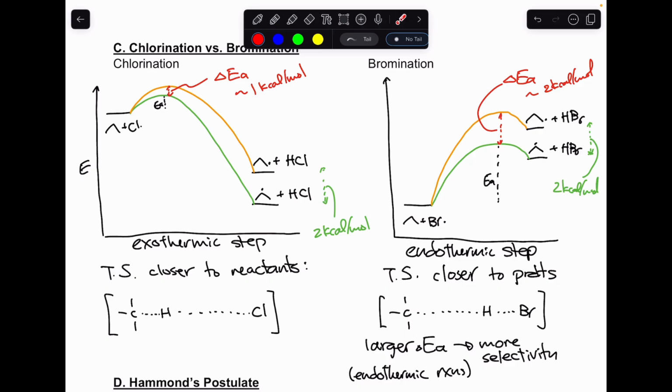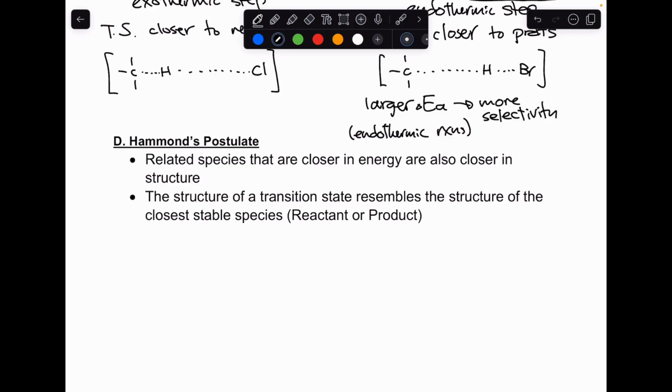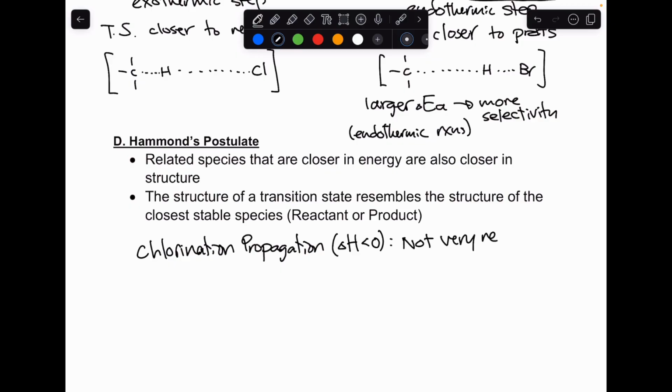Now, another way to simplify this is exothermic reaction tends to not be very selective. More endothermic type of reaction tends to be selective because of the difficulty of climbing that mountain of activation energy. So to summarize all of that, right, chlorine or chlorination propagation step, where it's exothermic, it's not very regioselective.